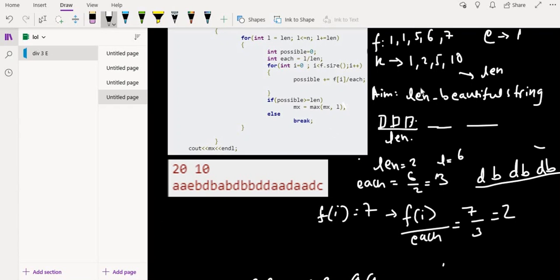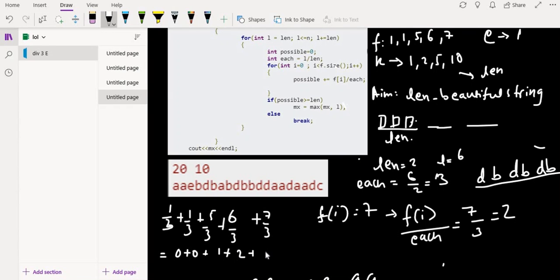So for each of these frequency values, I'm going to have 1 by 3 plus 1 by 3 plus 5 by 3 plus 6 by 3 plus 7 by 3, which is equal to 0 plus 0 plus 1 plus 2 plus 2. This means that I have 5 candidates of characters which I can place such that the sub-repeating unit has a length of 2 and the whole string has a length of 6.